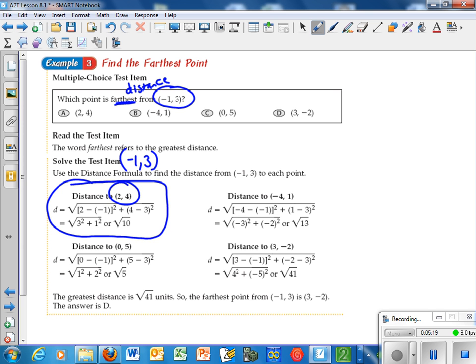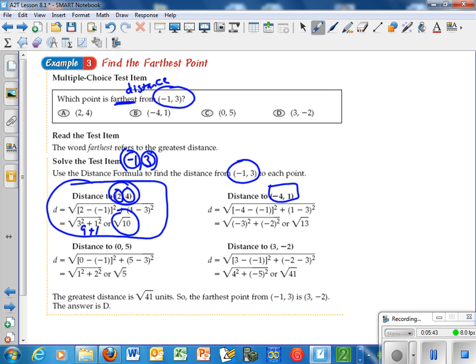So you can see they do 2 minus a negative 1 squared, 4 minus 3 squared. So they get 3 squared plus 1 squared, so that's 9 plus 1 underneath the root, square root 10. And they do the next one. Negative 4, 1. Again, 2, negative 1, 3.